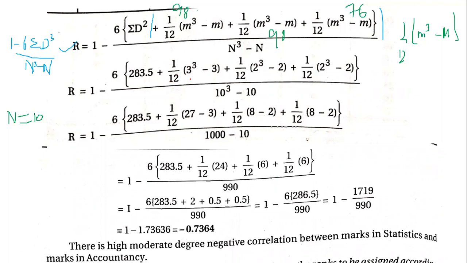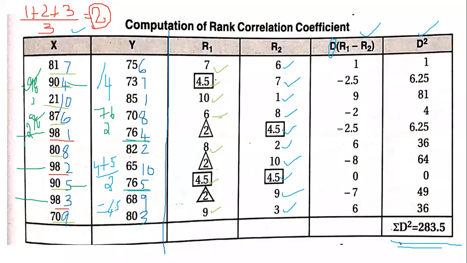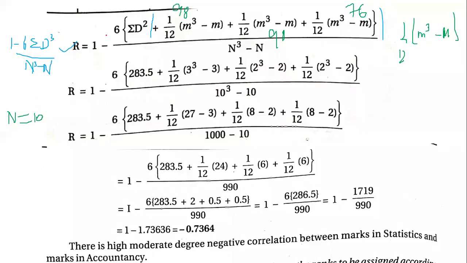And what did I say? This is for 98. Now, how many times 98 is repeated? 98 is repeated 3 times. So in the first scenario, m is equal to 3 because 98 is repeated 3 times. Okay, m cube minus m, that is 3 cube minus 3.